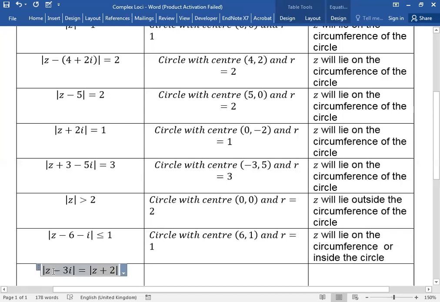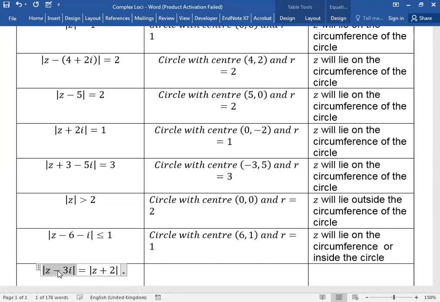Now, what about this? What is this trying to imply? Again, just think of them individually. This is trying to tell me that the distance of z from 3 iota is equal to the distance of z from -2. Now, if I'm trying to find the distance from 2 points, we have done it in O-level loci as well.